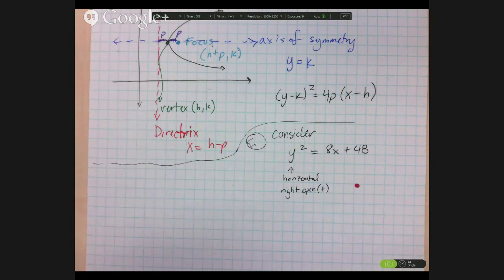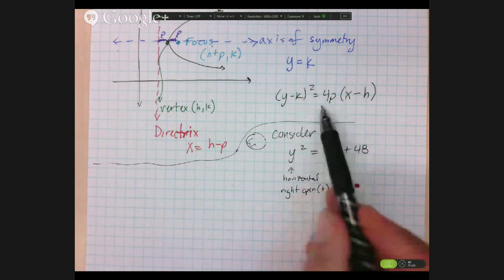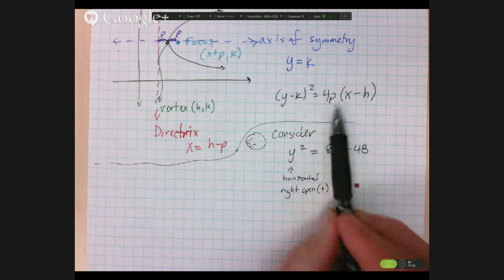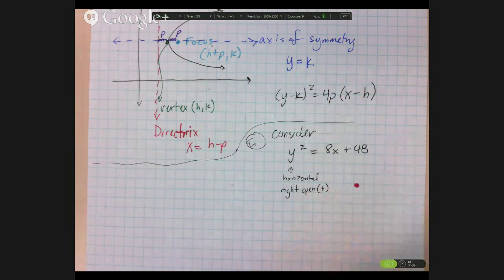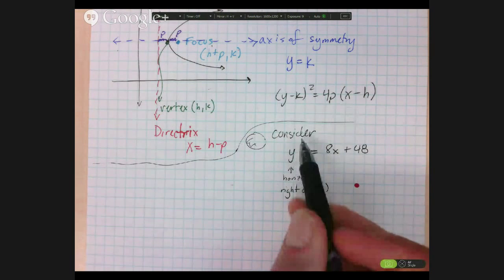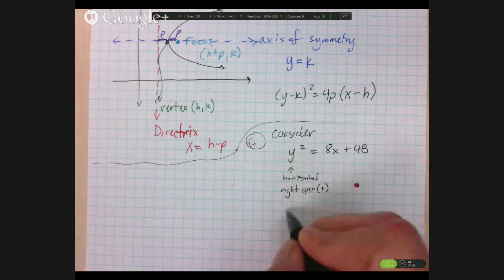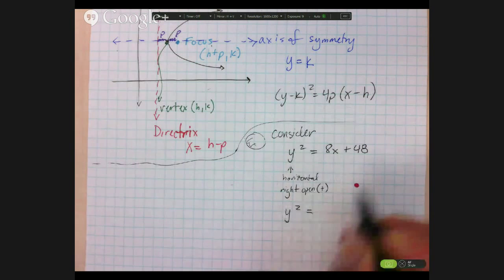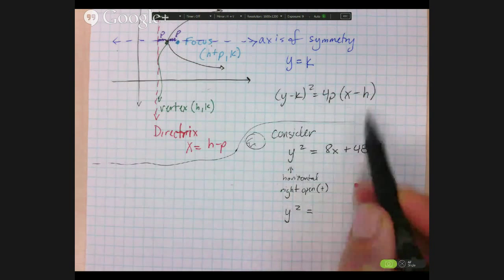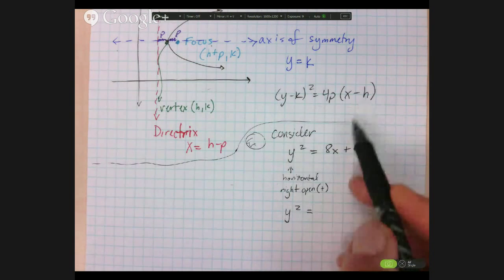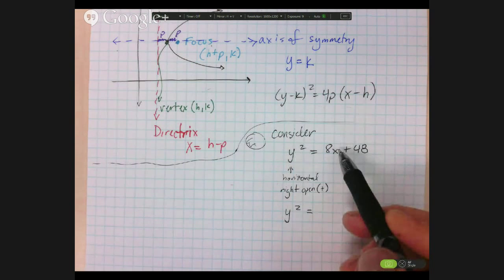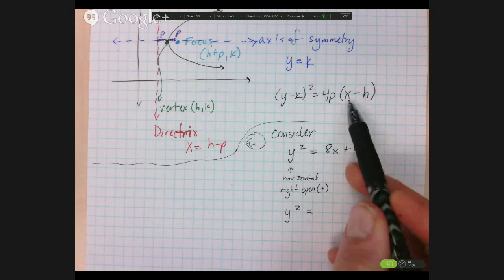So what we need to do is get it in this form. Left side okay? Yeah, what's the k value? 0. Thank you for making it easy. What about this side? The x has to be by itself.